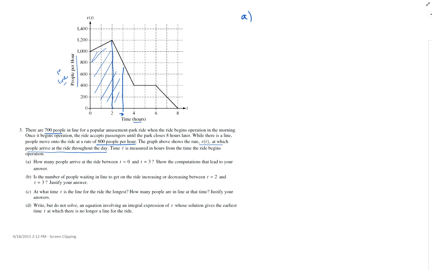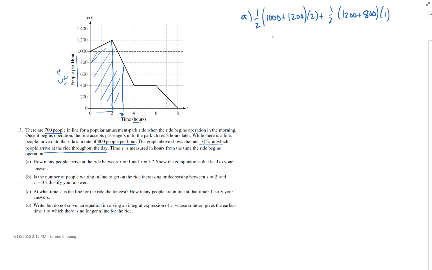You do have your calculator to help you with this. This is 2 trapezoids, so make sure you know the formula for trapezoids. 1/2 base 1, 1,000, plus 1,200 times the height, which is the distance in between here, 2, plus 1/2 base 1, 1,200, plus 800 times the height.